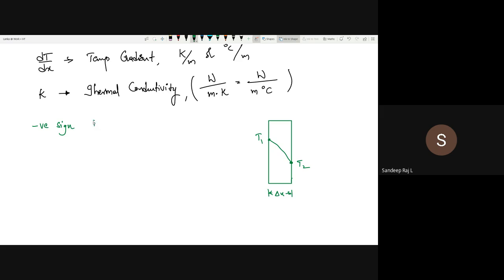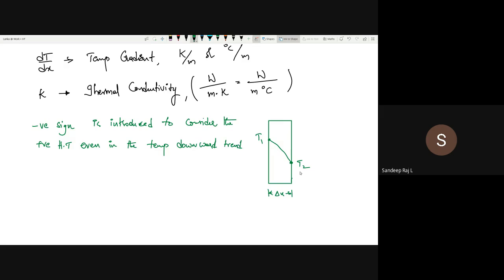The negative sign is introduced to consider the positive heat transfer even in a temperature downward trend.